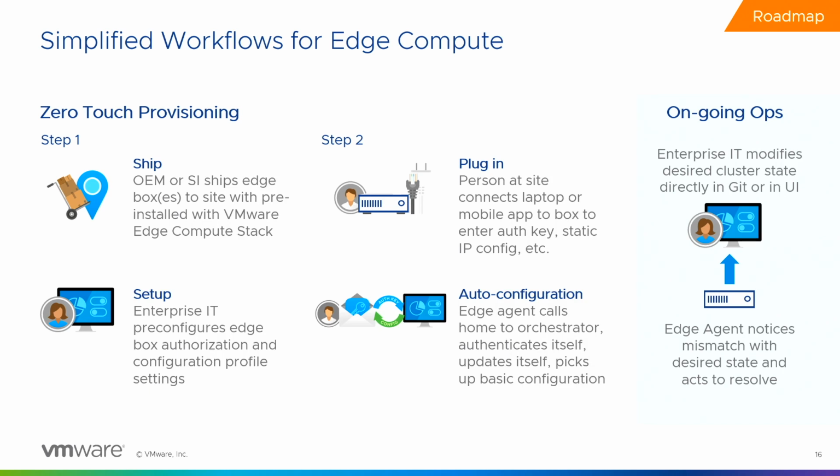You ship your 3-node cluster, 2-node cluster, or single node cluster on site, and like I said, it's going to have that Edge client that's built in within the image, and it's going to come up, grab an IP address via DHCP, or maybe you need it to be statically configured. It's going to come up, talk to the Edge Orchestrator, grab its configurations, and then basically say, okay, these are the networks I need to set up in the distributed vSwitch.